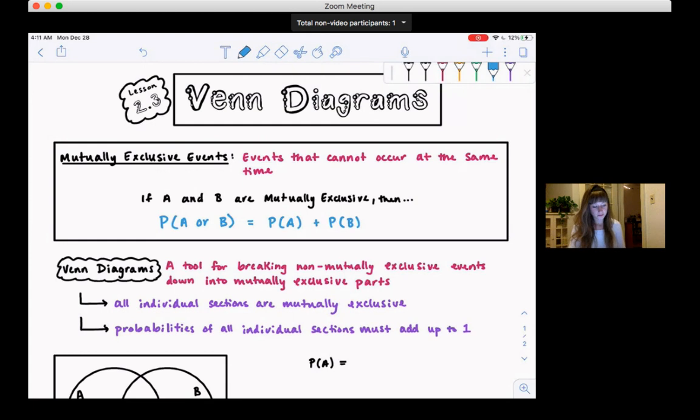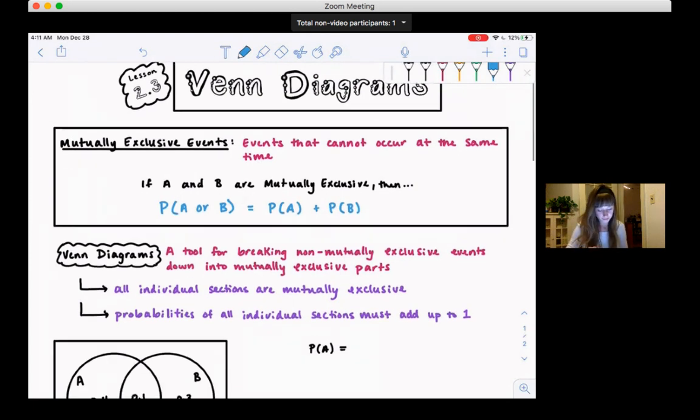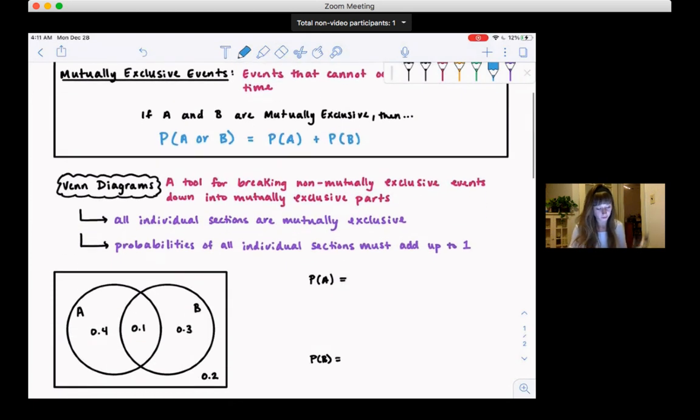Okay, so Venn diagrams are a tool for breaking events that are not mutually exclusive down into mutually exclusive parts. Each individual section of the Venn diagram will be mutually exclusive with the others.